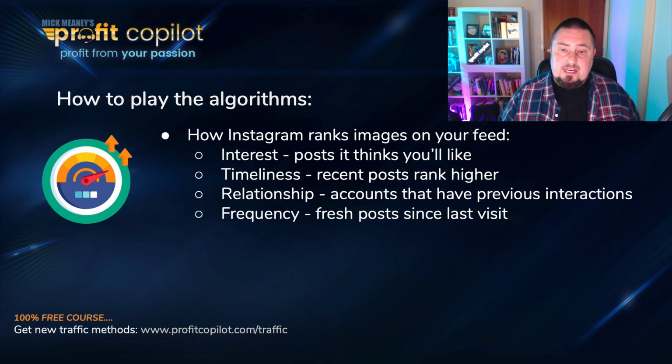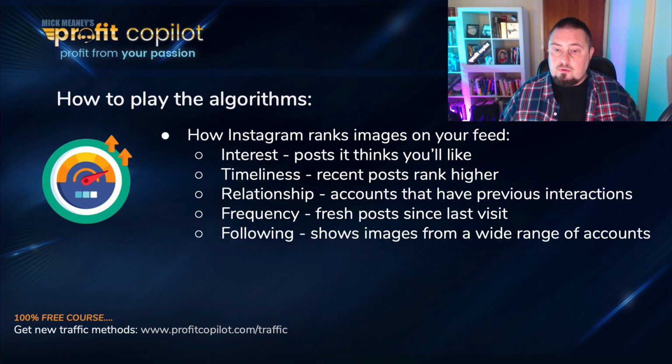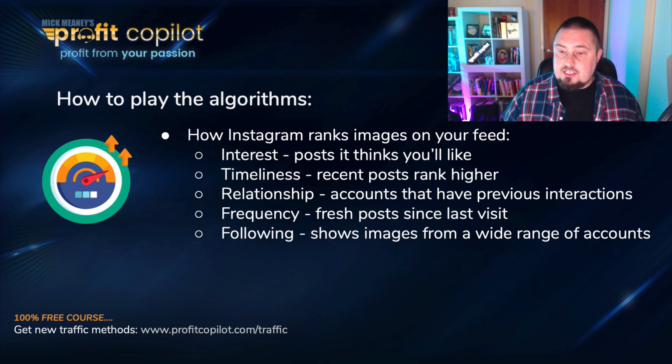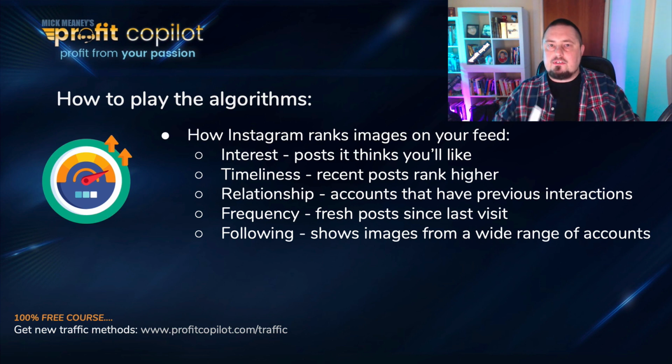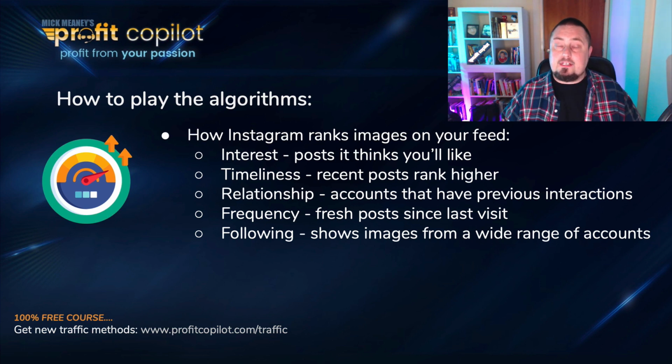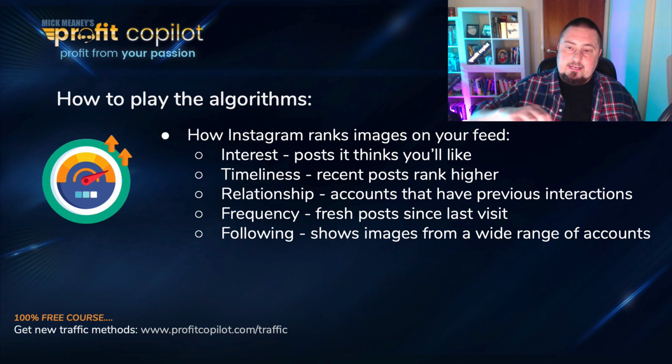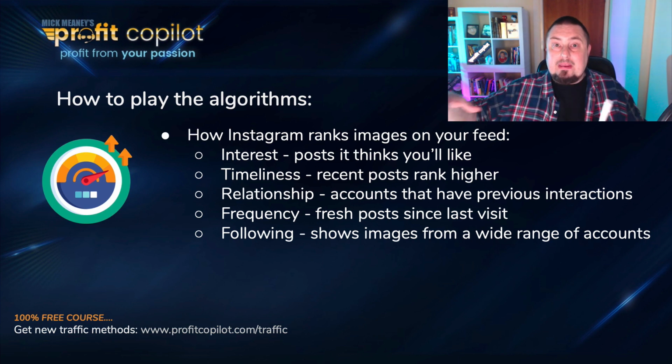It looks at the frequency, so how often you visit Instagram. So it's going to try and give you the best content first. It also looks at the following. So it shows images from a wide range of accounts. So if you follow dozens and dozens of people, what it's going to try and do is get content and images from a wide range of those people.